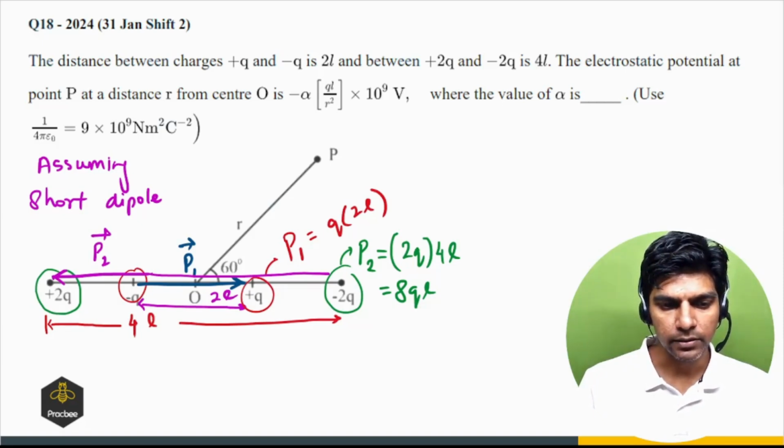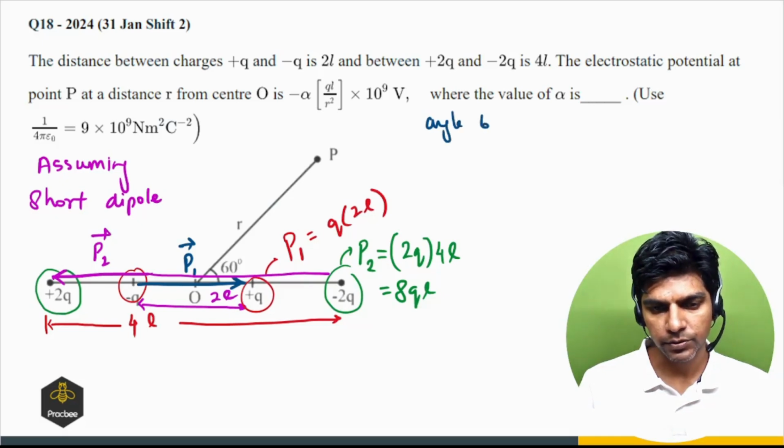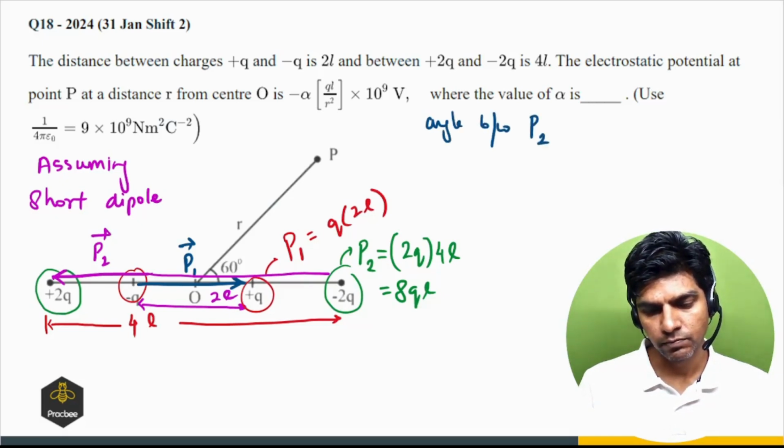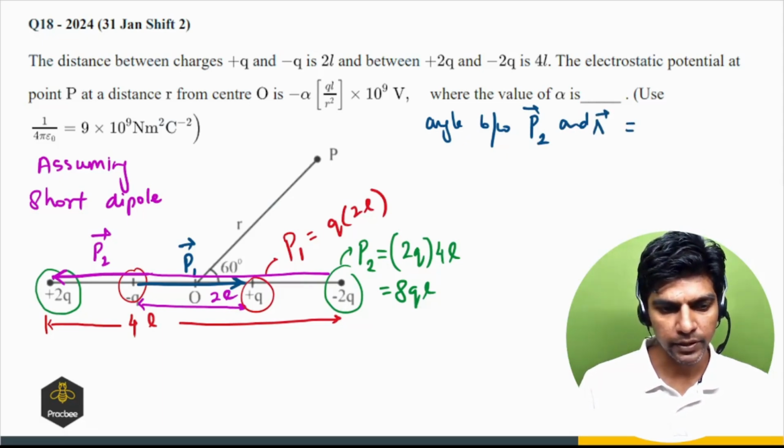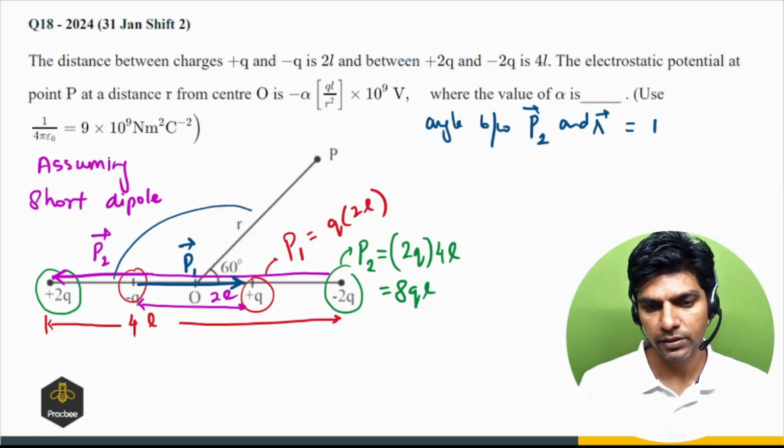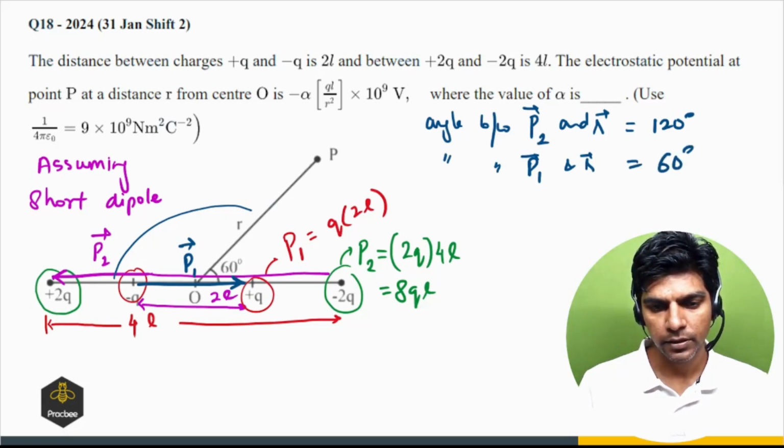Now what is the angle between P2 and the r vector? So the angle between P2 and r vector will be this angle, right, which is 180 minus 60, that is 120 degrees. And the angle between P1 and r vector will be 60 degrees.